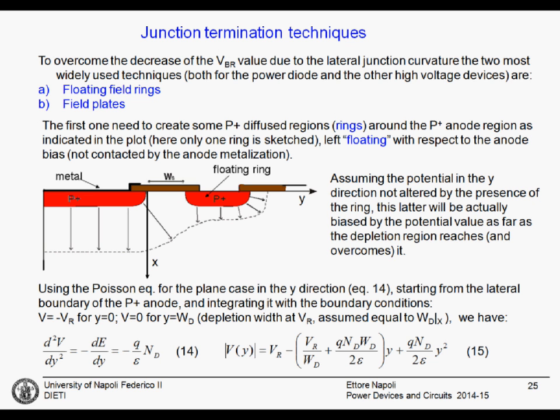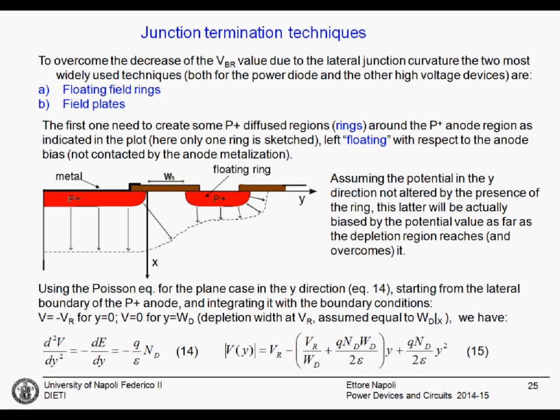But now, what about the cylindrical junction? It seems that we can't do anything about that. However, there are design techniques that are able to alleviate or almost solve the problem. To overcome the decrease of the breakdown voltage due to the lateral junction curvature, there are two most widely used techniques.